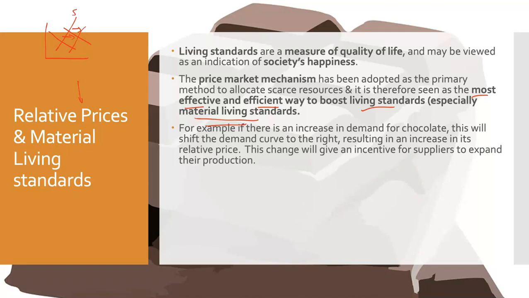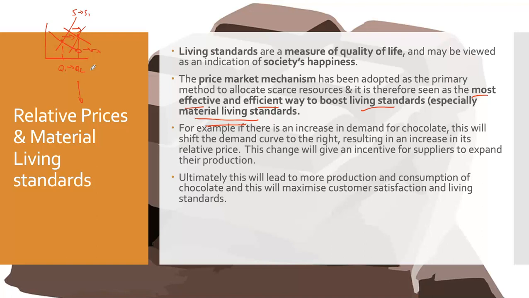So we're going to go from S to S1 and D to D1. This will result in a new equilibrium price, which will result in more of that product being produced. As you can see, our quantity has gone from Q1 to Q2. The price has also gone up.